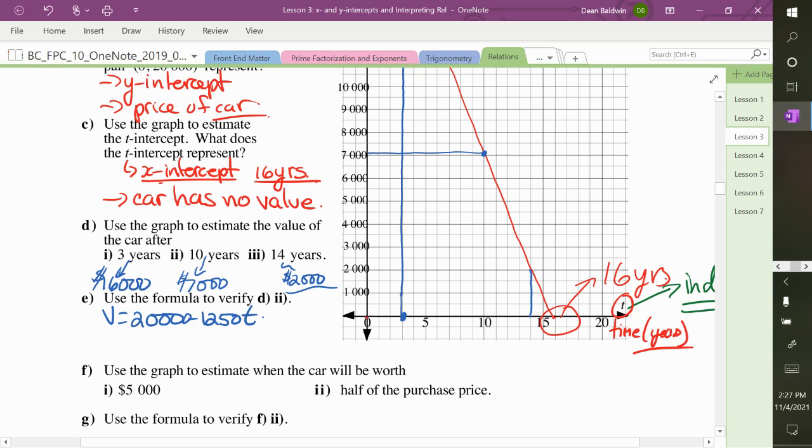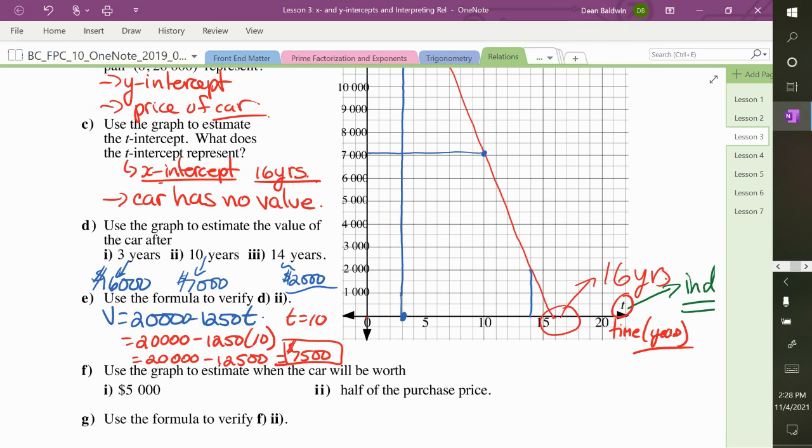Put 10 into the formula. $7,500. I was right. So 7,500 is the actual answer.